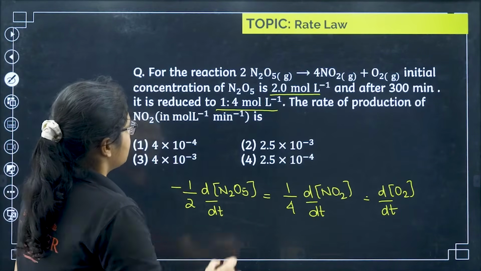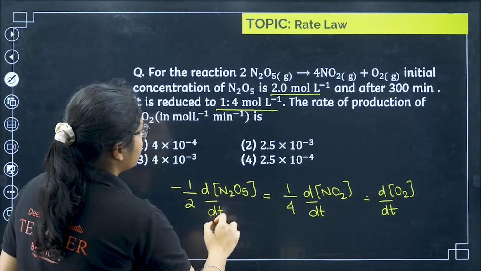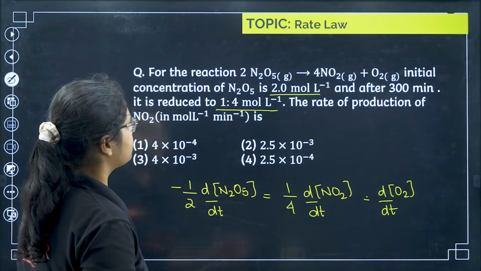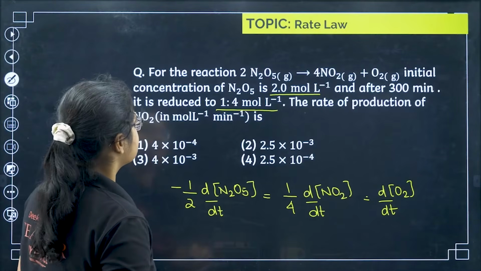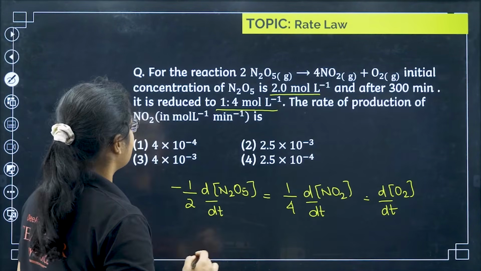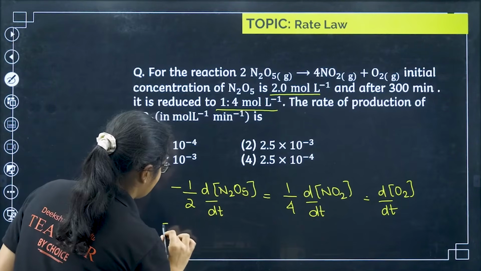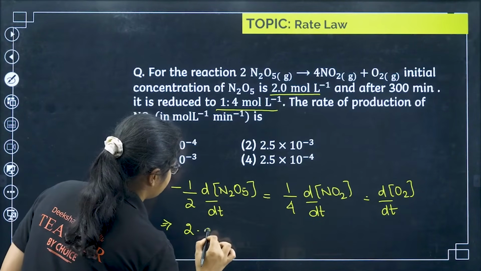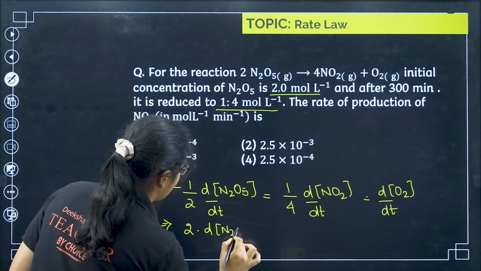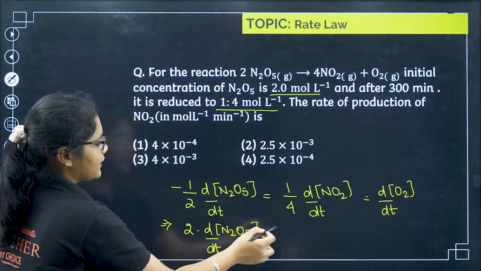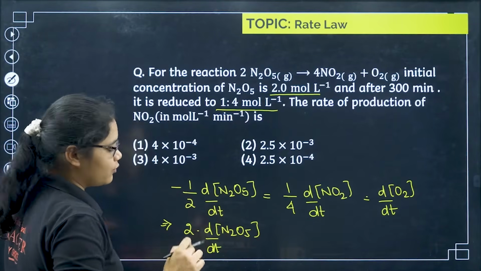The initial concentration of N2O5 is 2 moles per liter, and after 300 minutes it is reduced to 1.4 moles per liter. So I can write that the rate of production of NO2 can be written as 2 times of dN2O5 by dt.